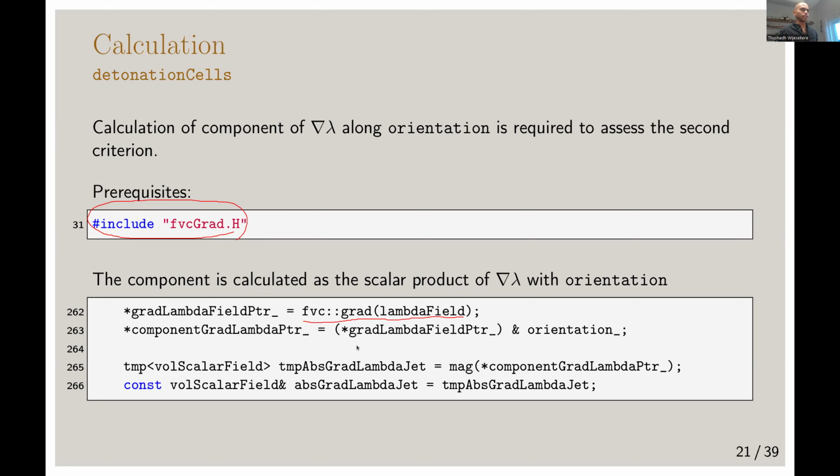And we have to get this detonation cell size in the direction of the jet. So we have to calculate the component, as you see here, and it is calculated as a dot product of the actual gradient and the direction of the jet. And then we also focus on the absolute values of the gradient to see if it fulfills the criteria.